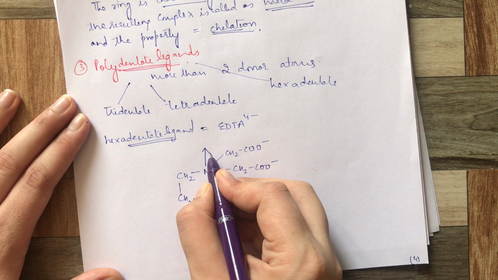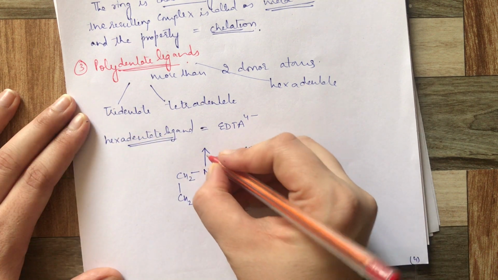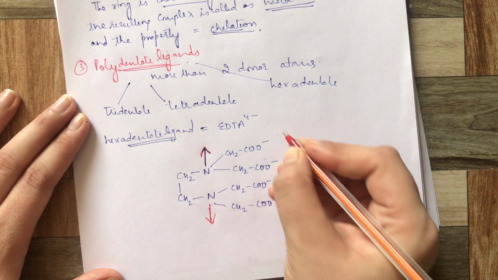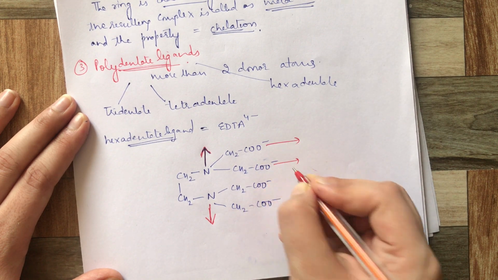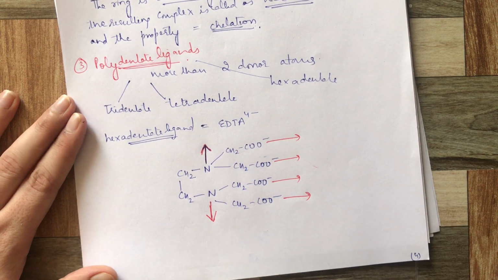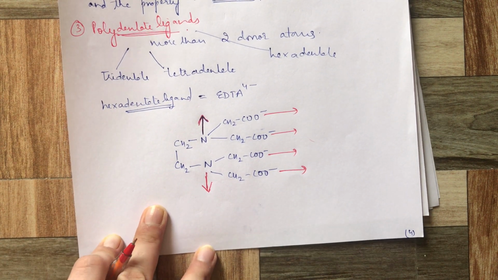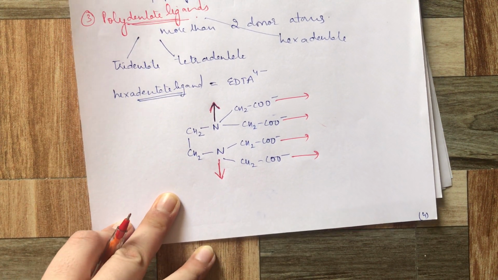So this is the donor atom. I'll represent it with the red pen. This is the donor atom, this is the donor atom, this is the donor atom. So you can count there are total 6 donor atoms. So it has denticity 6.